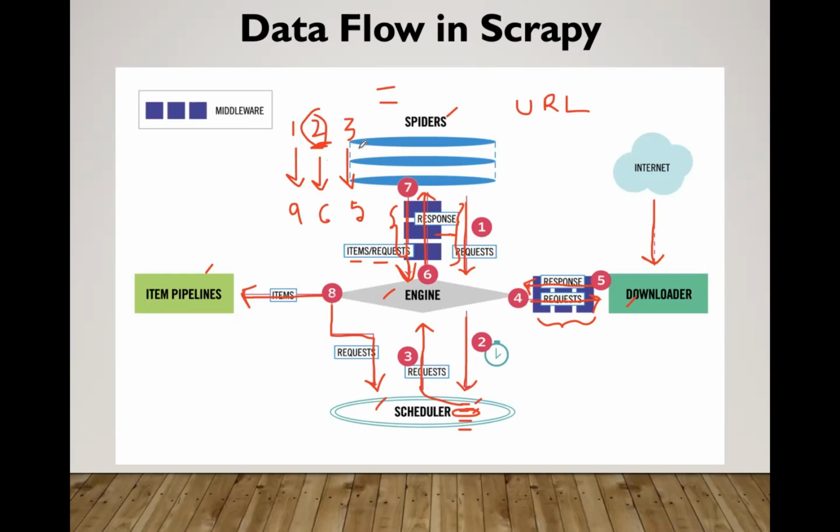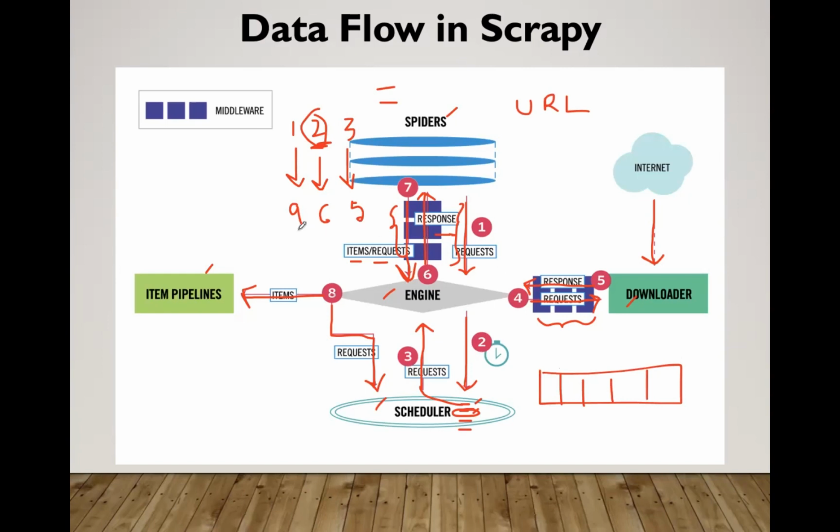So in order to handle all these requests, the scheduler makes use of queues. It keeps adding new requests to its queue and dispatches requests from its queue when asked by the engine.